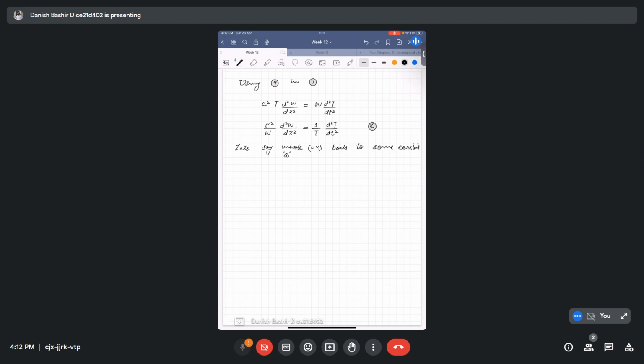So when we write this equation as c square by w d²w/dx² is equal to 1 by T d²T/dt², the whole is equal to a. Okay, give me a moment.